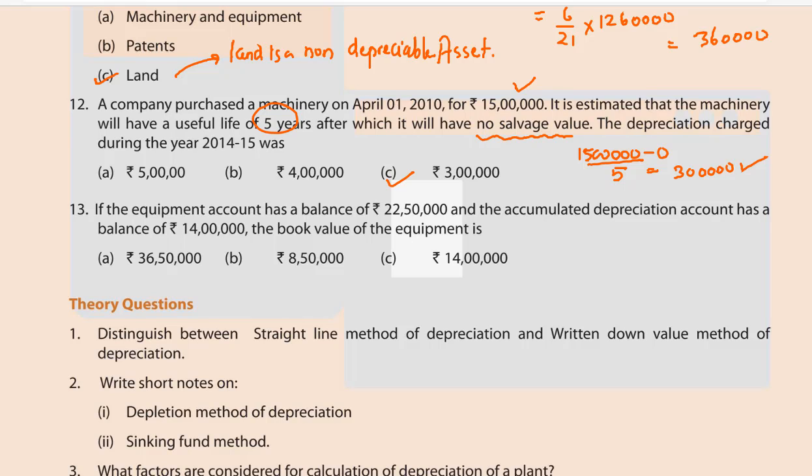Question 13. If the equipment account has a balance of 22 lakhs 50,000 and the accumulated depreciation is 14 lakhs, the book value of the equipment is.